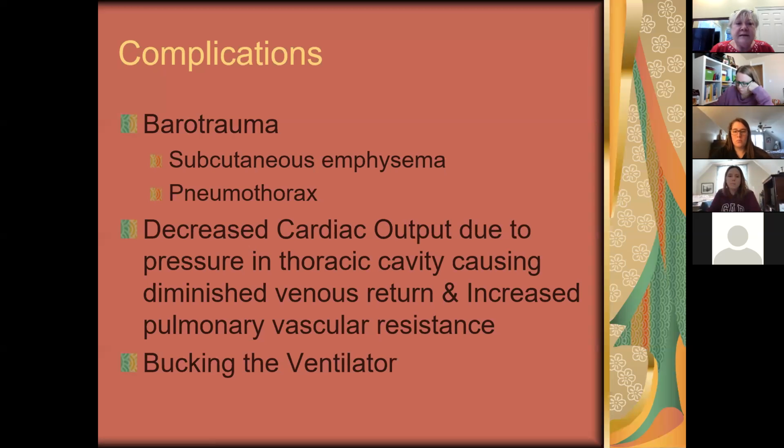The other one is it can affect your cardiovascular system. Because when you and I exhale, we decrease our intrathoracic pressure. We exhale air, that leaves room in our chest for blood to return to our heart. Our heart will expand, then it will contract and shoot blood out of our heart for our blood pressure.